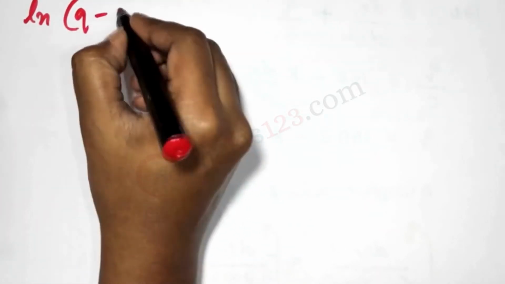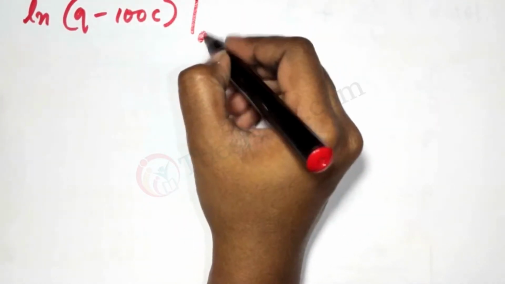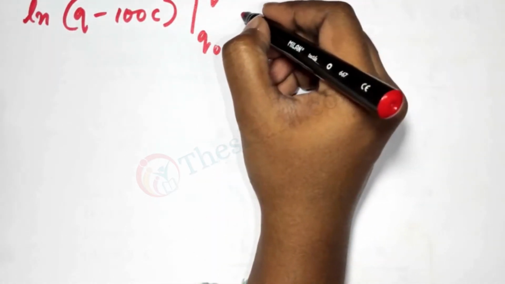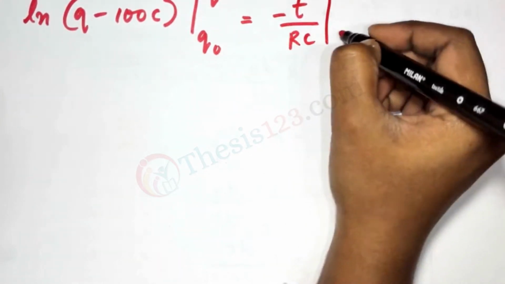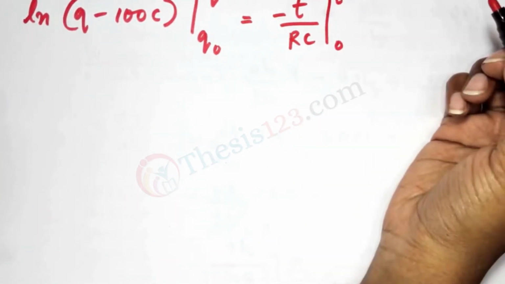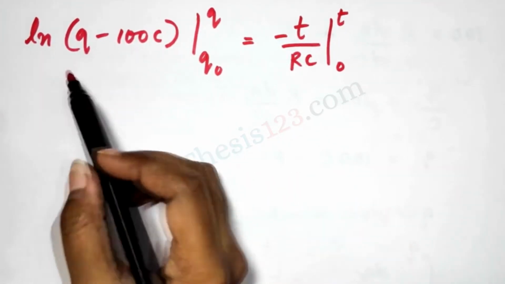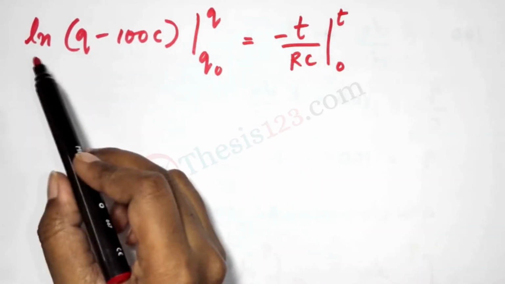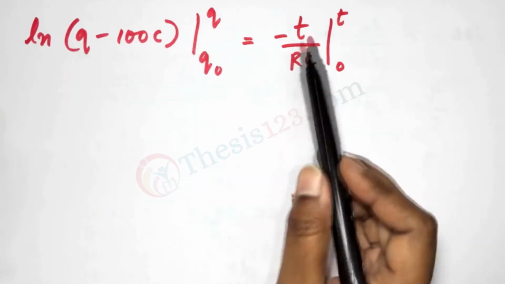The integral of 1 divided by (Q minus 100C) is ln of (Q minus 100C), from Q0 to Q. And this equals minus T by RC from 0 to T. After integrating, we have ln of (Q minus 100C) from Q0 to Q, which equals minus T by RC.